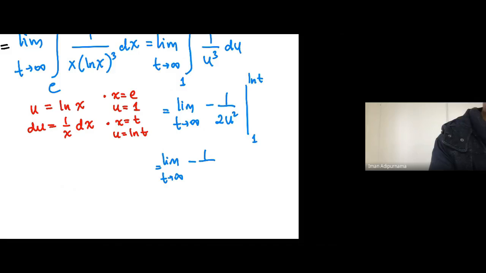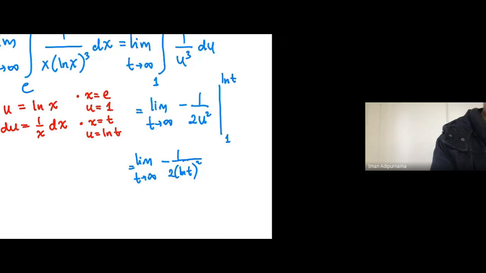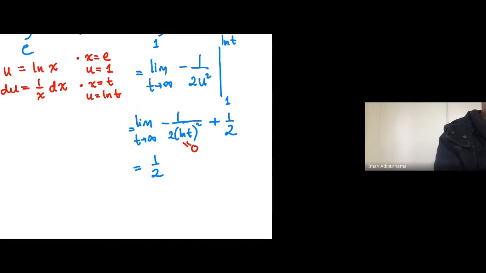So negative 1 over 2 (ln t) squared, and then plus half. The first term becomes 0, right? So the solution is half. And we can say that the integral is convergent.